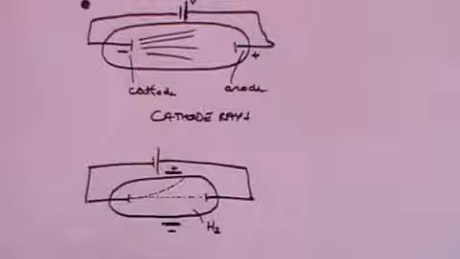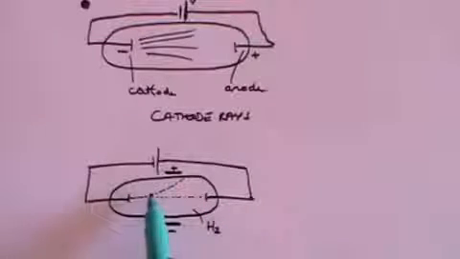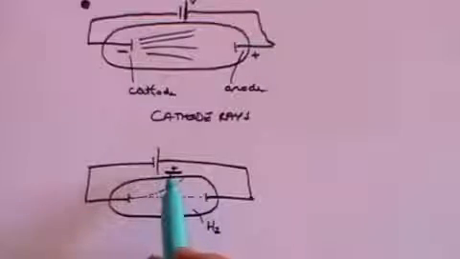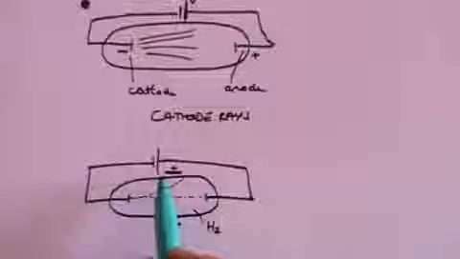And he concluded from that whatever those rays were, they must be negatively charged. They must be negatively charged because they're being attracted to the positively charged plate. And we know that like charges repel.